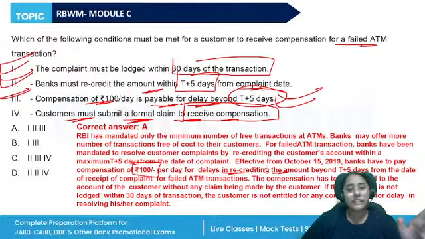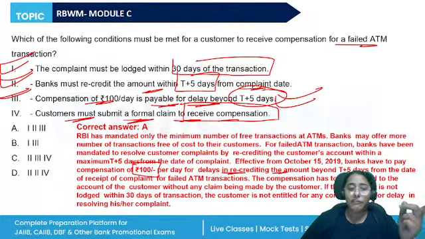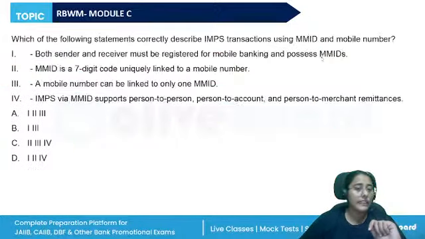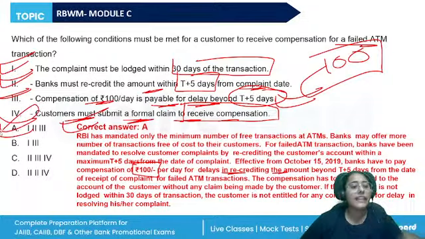So if within 30 days of the transaction the complaint is lodged of the failed transaction, and the bank fails to resolve it, they fail to recredit the amount within T plus 5 days, then without the customer making a formal claim, they have to pay rupees 100 per day of the delay. All right. So the correct answer is A, 1, 2, and 3. Fourth statement is incorrect. It is not important.